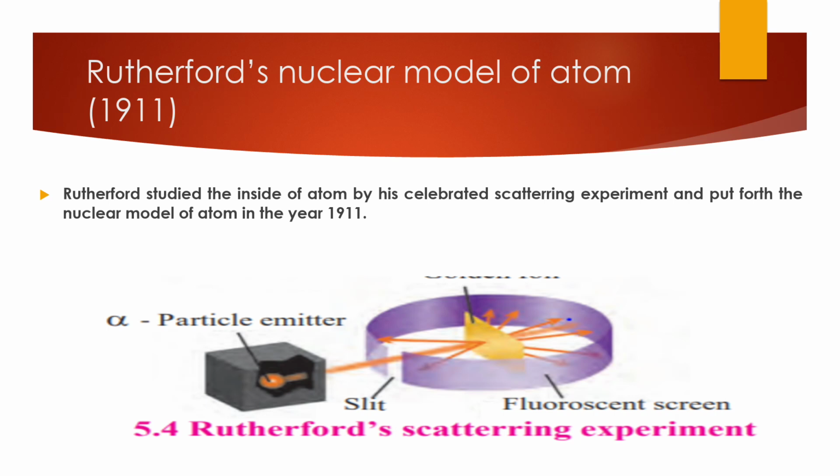The purple or blue colored one is the fluorescent screen. Whatever alpha particles were emitted passed through that gold foil, and the fluorescence is captured by this fluorescent screen.